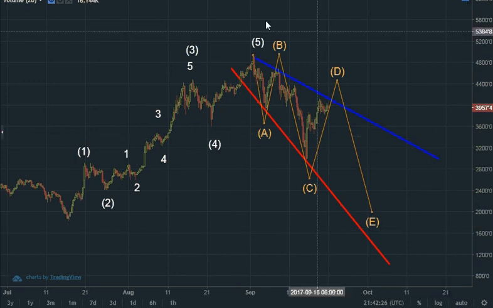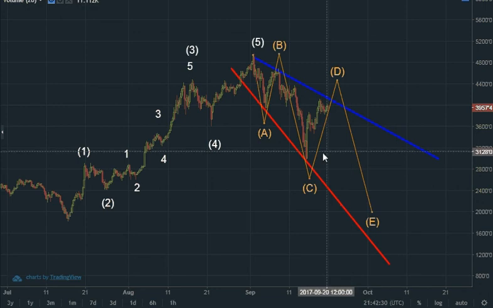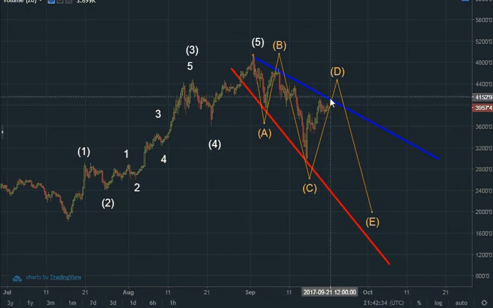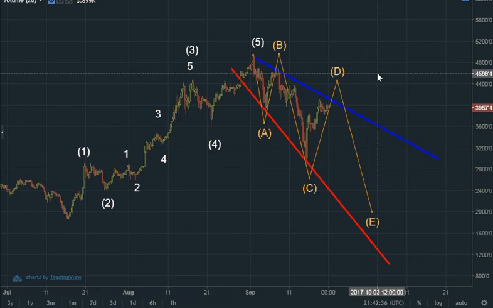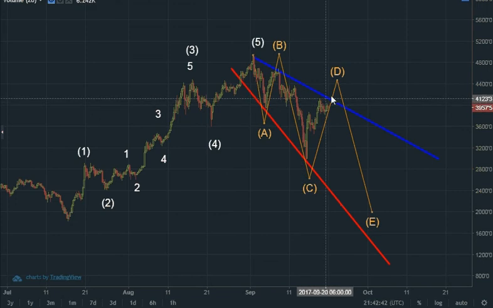So this is my bearish scenario. I'm still, even now, not convinced that we're out of the woods to compel me to add rungs here.